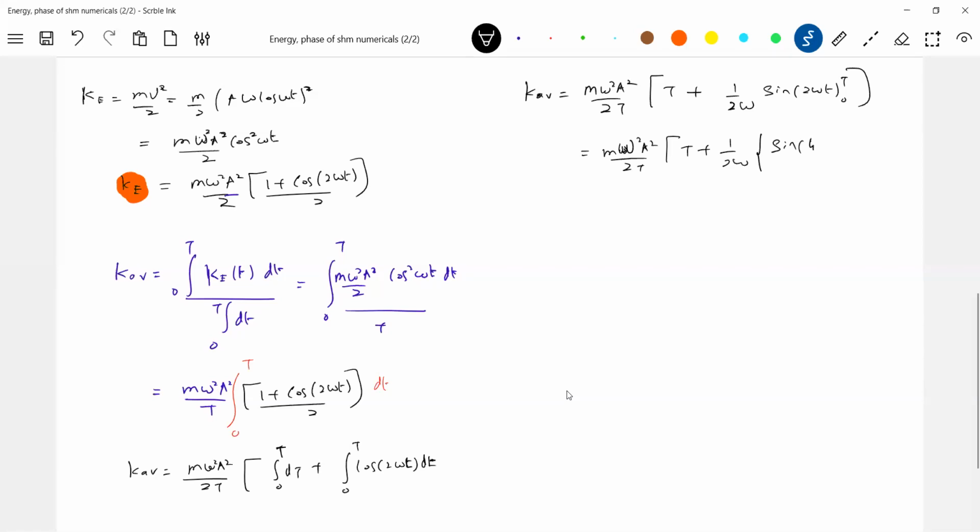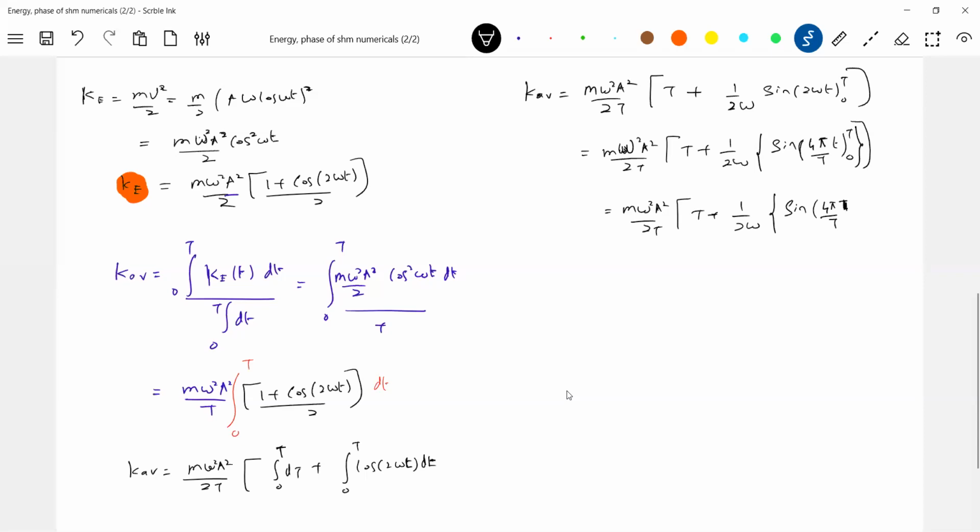Omega is 2 pi by T, no? So this will become 4 pi t. I'll bring one more step so that it will be easy for you. Let's go for the limit 4 pi t. What is the value of small t? Capital T, you should substitute the limit.